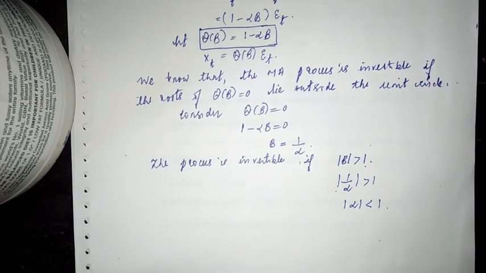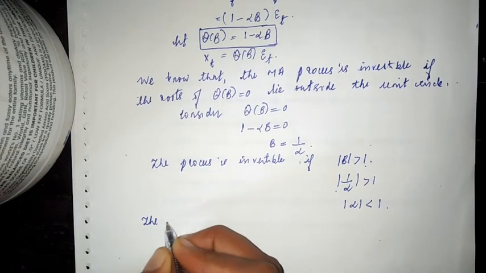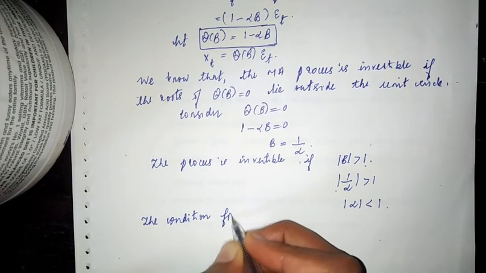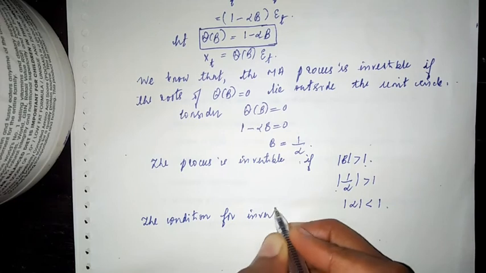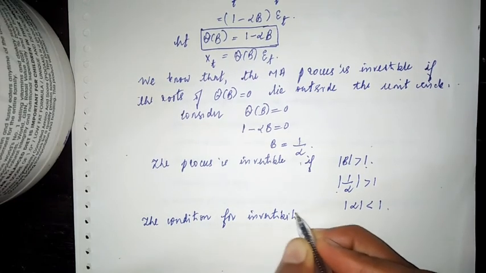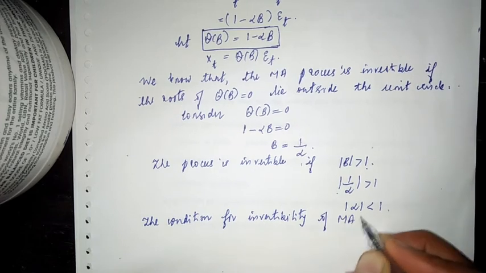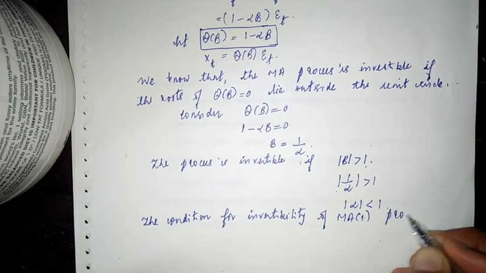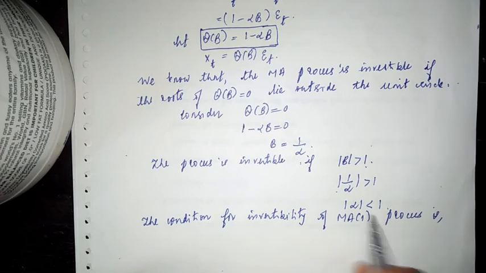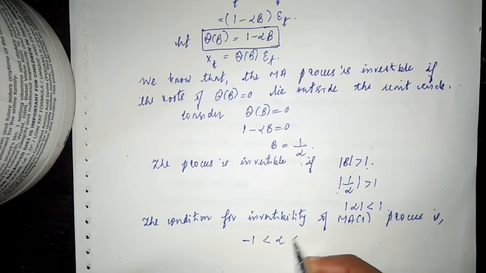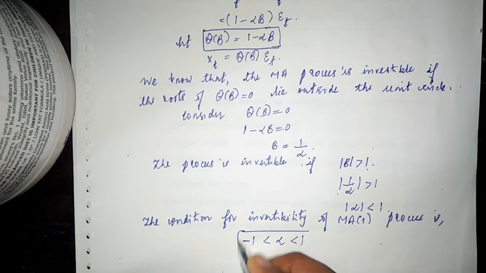So what is the invertible condition? The condition for invertibility of MA1 process is mod alpha is less than 1. So what is the meaning of that? Alpha must lie between minus 1 and plus 1.